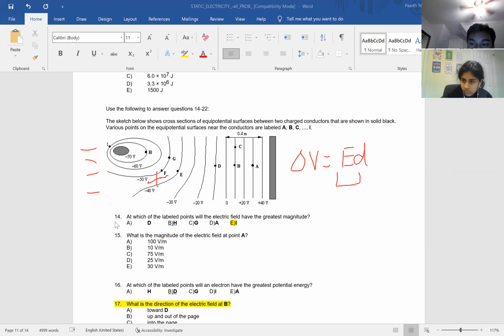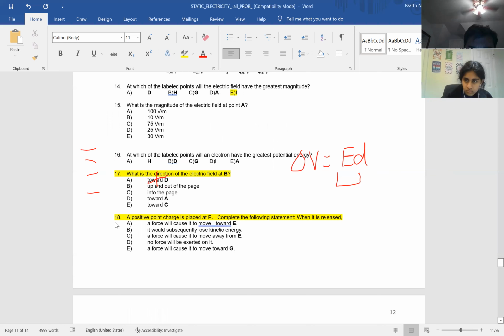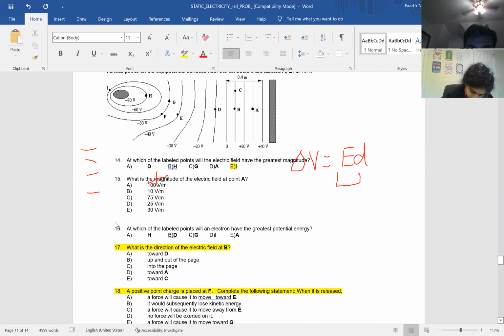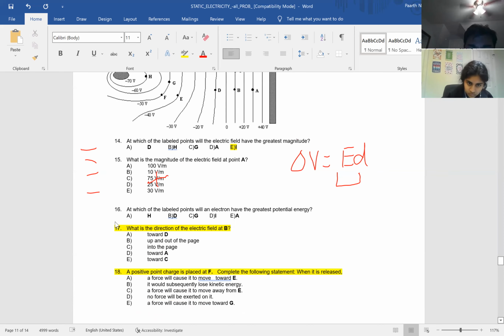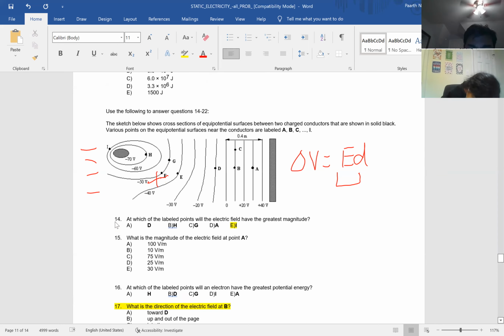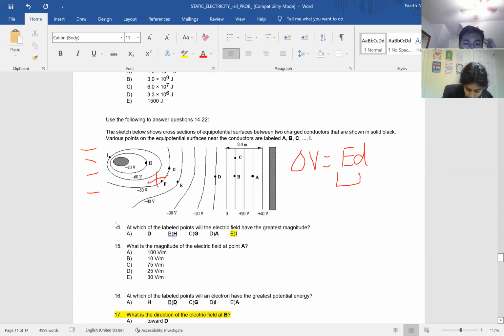I think, yes. So then it would say a force will cause it to move towards, wait, why would it move towards E?